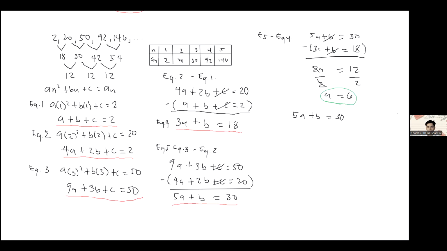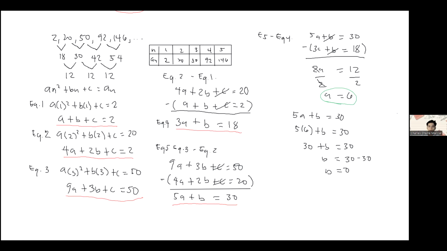So substitute lang natin. 5 times 6 plus b is equal to 30. Then 5 times 6 is equal to 30 plus b is equal to 30. Then ilipat natin si 30, magiging negative na. So we have b is equal to 0.